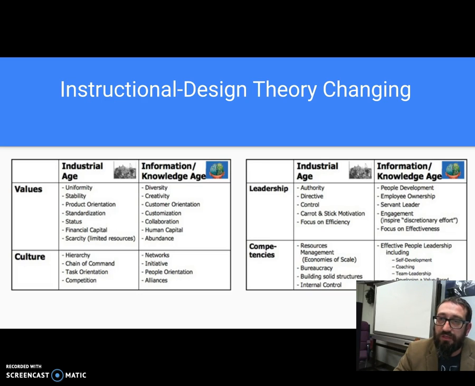You can see, looking at the two different columns there, the difference in how companies are run, how learning is done, how values make a difference, and all these things that are changing, so the instructional design theory also has to change to support these new ways of learning in the information age or the knowledge age.